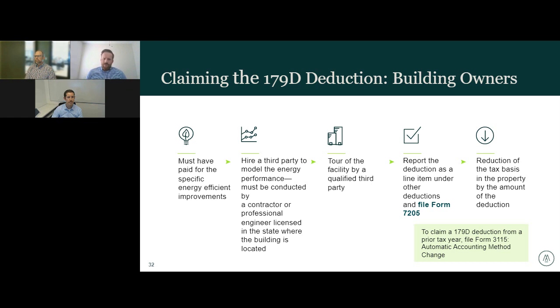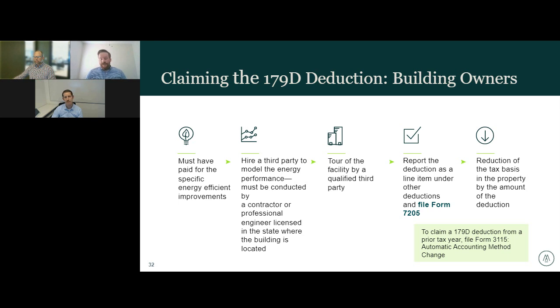Now, if you're looking at going back to prior tax years performing 179D studies, as a commercial building owner, you're able to go back as far as 2006 to claim the deduction. And you have to do that via a Form 3115, which is an accounting method change form similar to what Jarrid discussed on the cost segregation side.